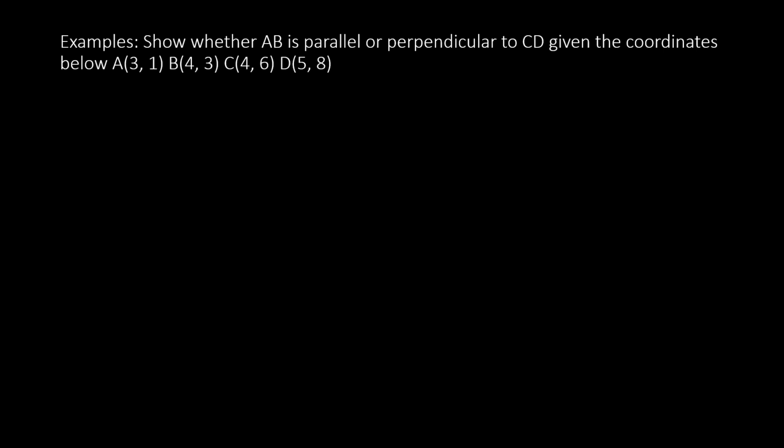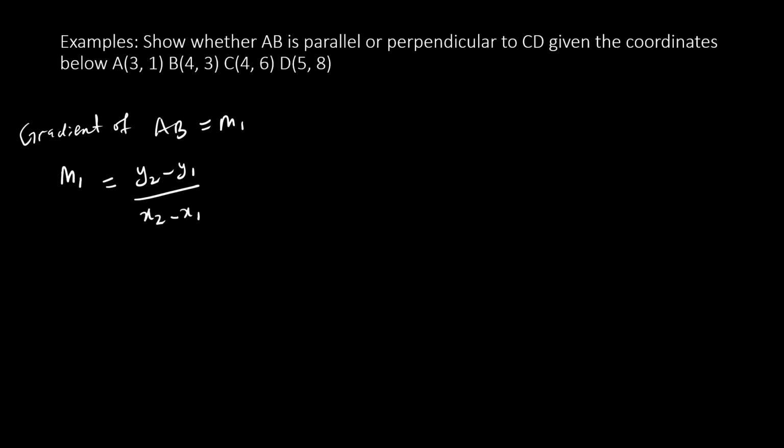To start with, let's look for the gradient or slope of line AB. I'm taking m1 to be the slope of line AB, which is y2 minus y1 over x2 minus x1.